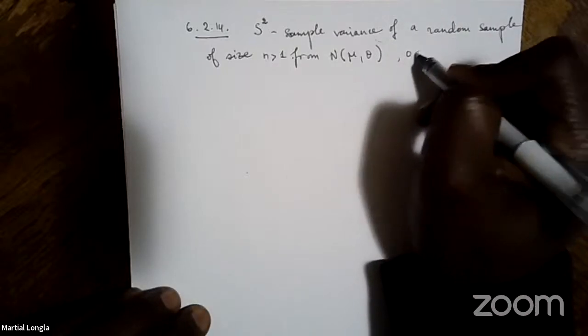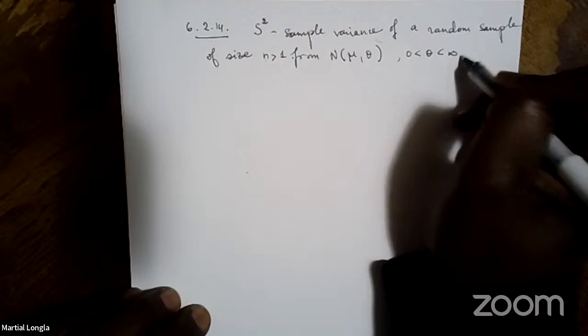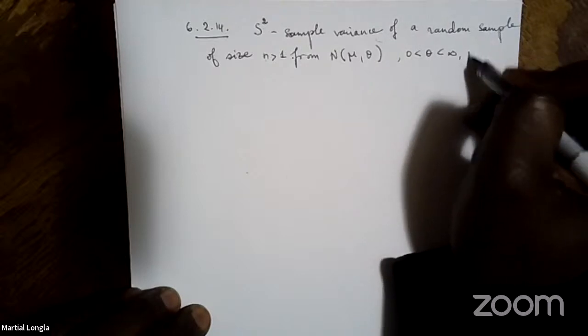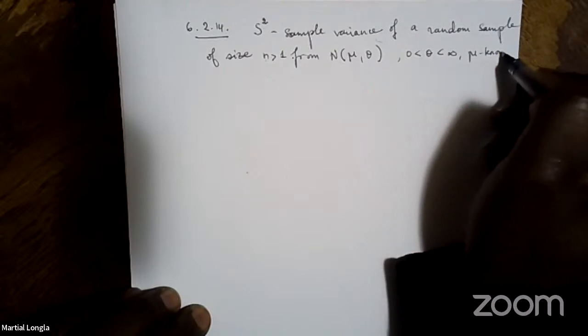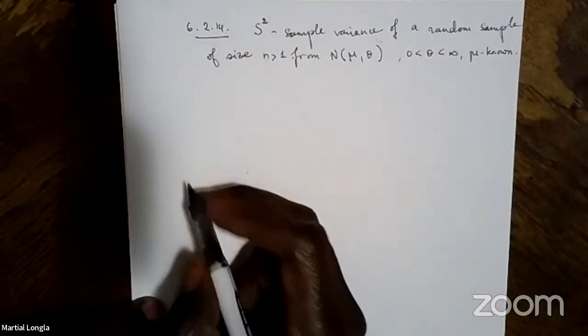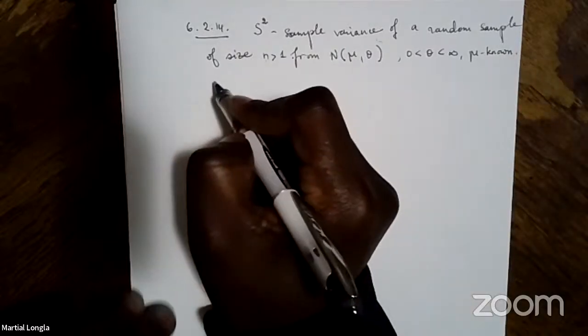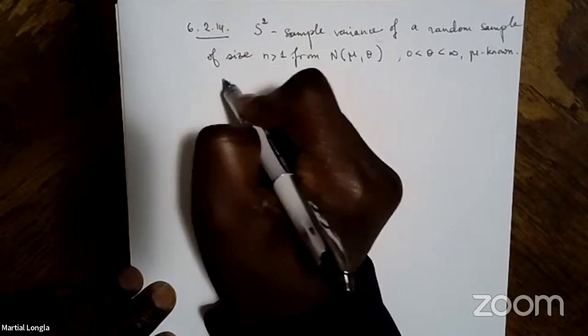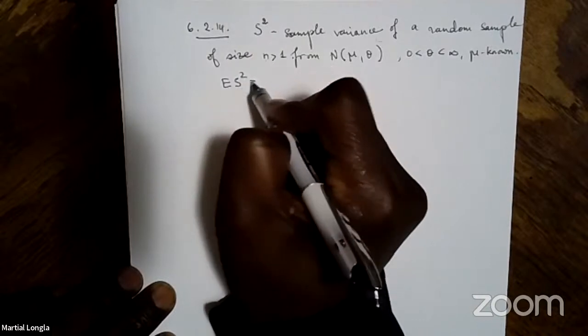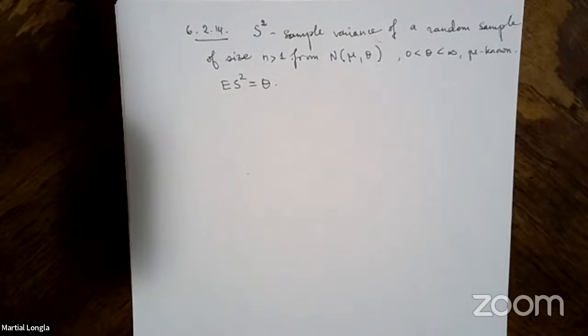And here we say 0 less than theta less than infinity, mu known. So we have only one parameter. And it tells us the expected value of S squared equals theta. This is true, we know this. The mean of the sample variance is the variance.